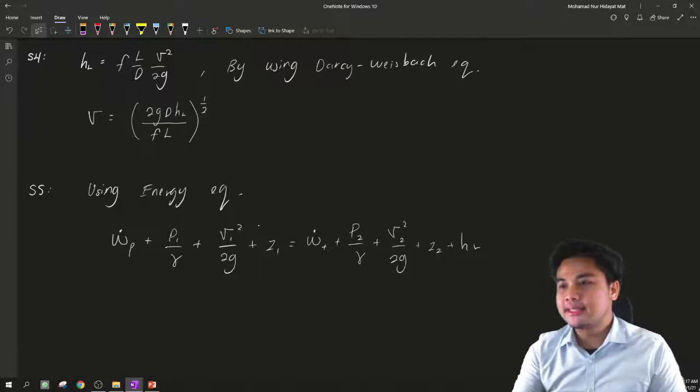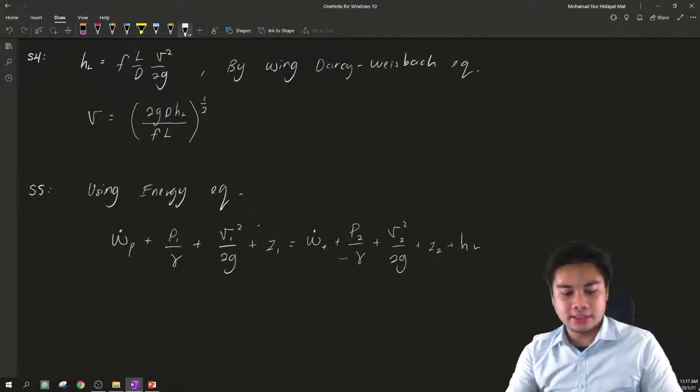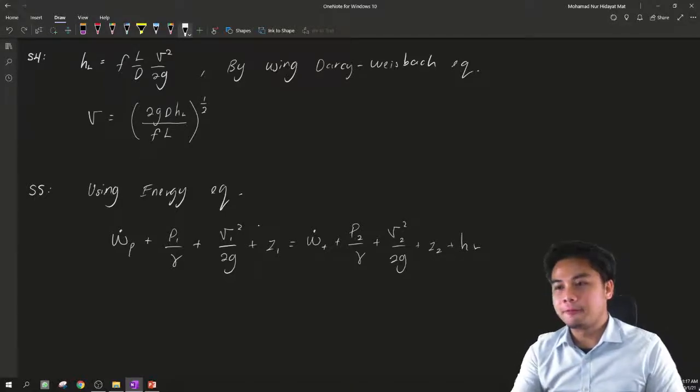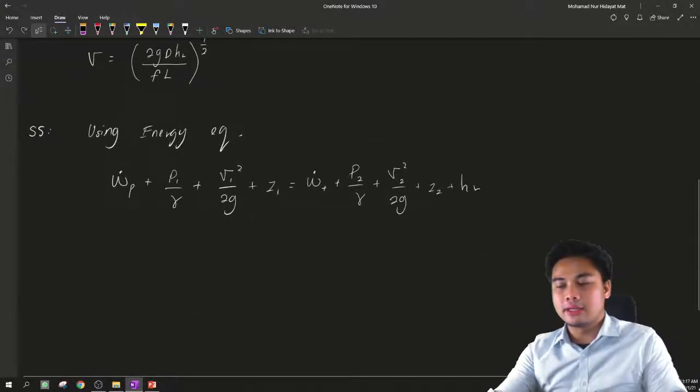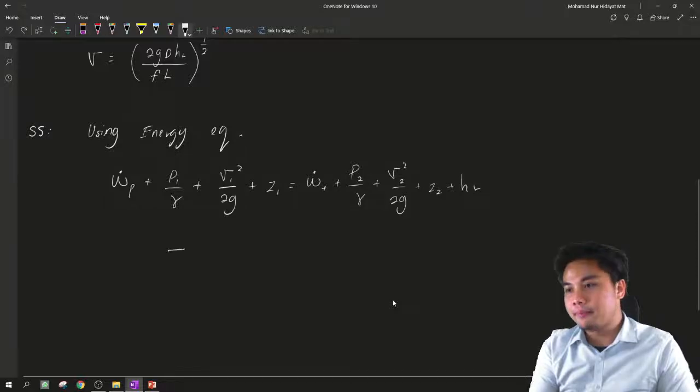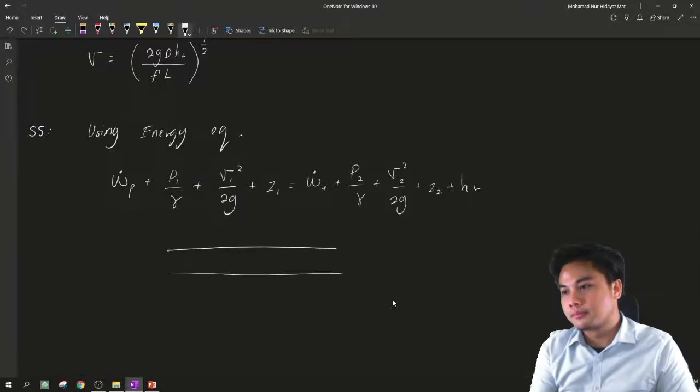In this case, the pressure is different. We have a variation of pressure along the pipe. So this is your pipe, and this pressure point and this pressure point are different.